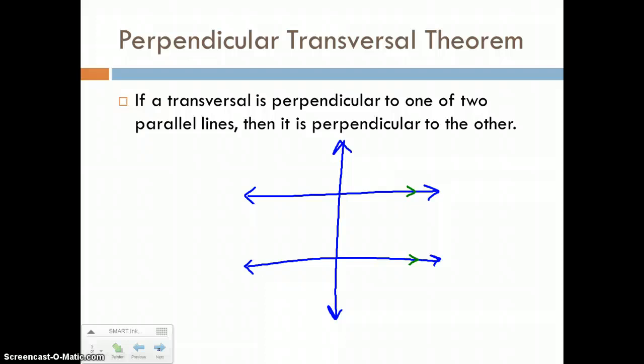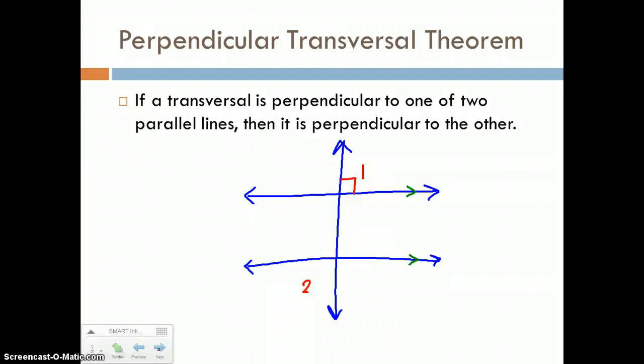So for instance, let's say I know that it's perpendicular to the top line. Well, that means I know that it forms right angles. So we've got a right angle there. Well, if you look at this angle, I'll call it angle 1, and this angle down here, which is angle 2, those two angles happen to be alternate exterior angles.